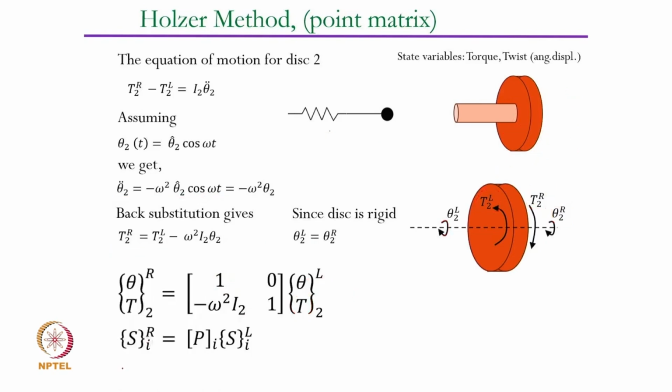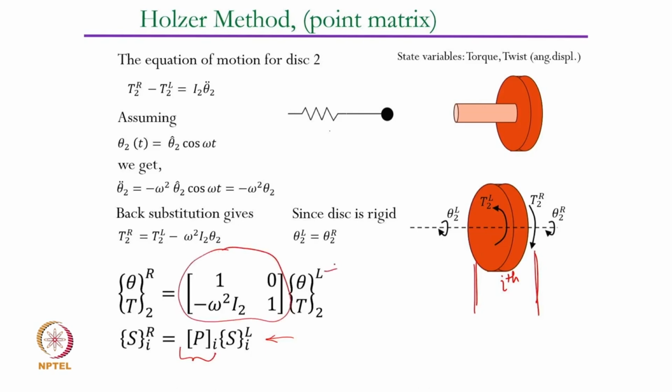And what are these theta and T? These are all the state variables. So the state vector on the right side of the inertia element, this is the ith inertia, is related to the state vector on the left side through this equation. Okay, and it is related through this matrix.